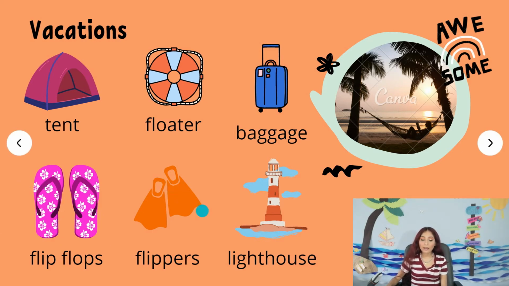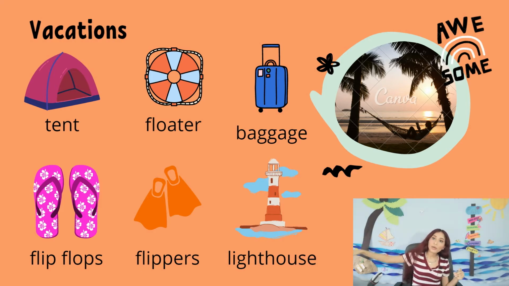Flip-flops. Then we have flippers. Some people use them to swim. And then we have a lighthouse. Have you seen a lighthouse? In Progreso, there's a lighthouse, and of course all the beaches that have a coast have a lighthouse because it's important for ships so they can see where they are heading.